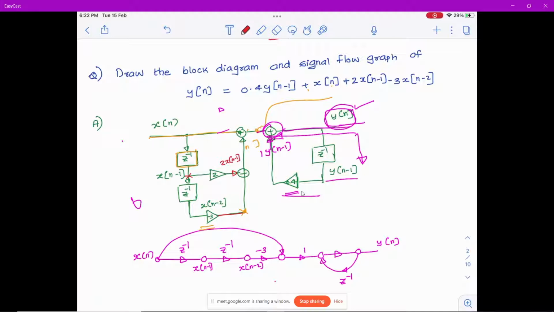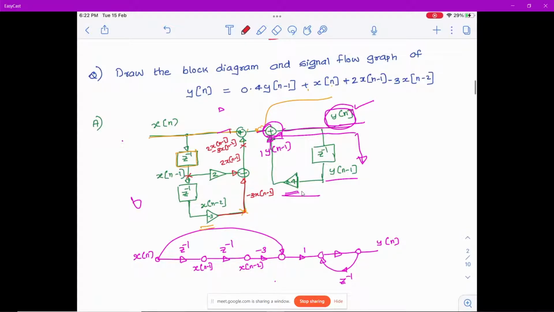And whatever is coming from this branch is minus 3 into x of n minus 2. So whatever we are getting here is 2 into x of n minus 1 minus 3 into x of n minus 2.